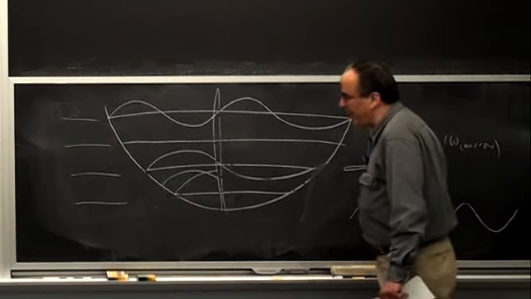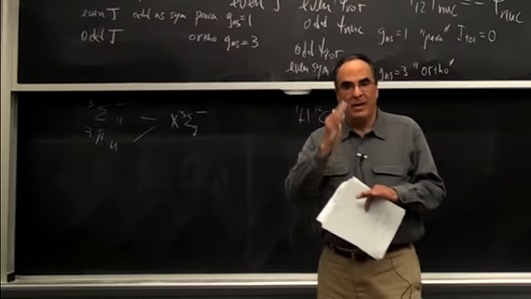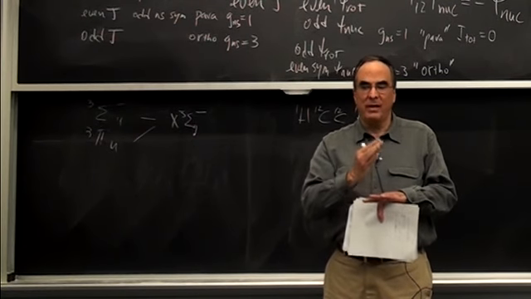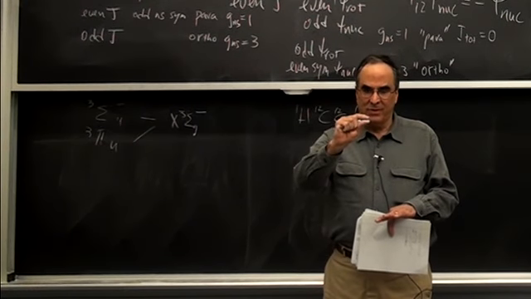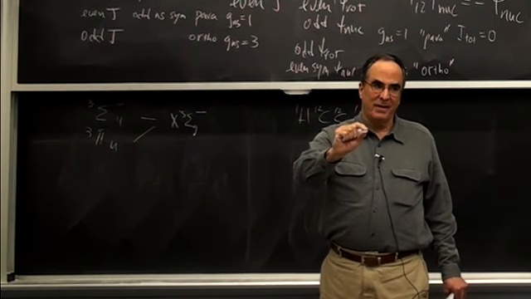So what ends up happening is that when you have a large barrier between two symmetrically equivalent structures, you get two levels that are degenerate. They are degenerate, but they have different symmetry.